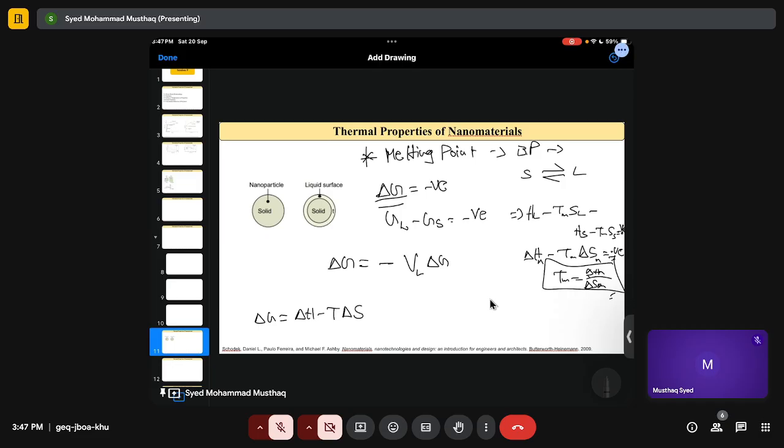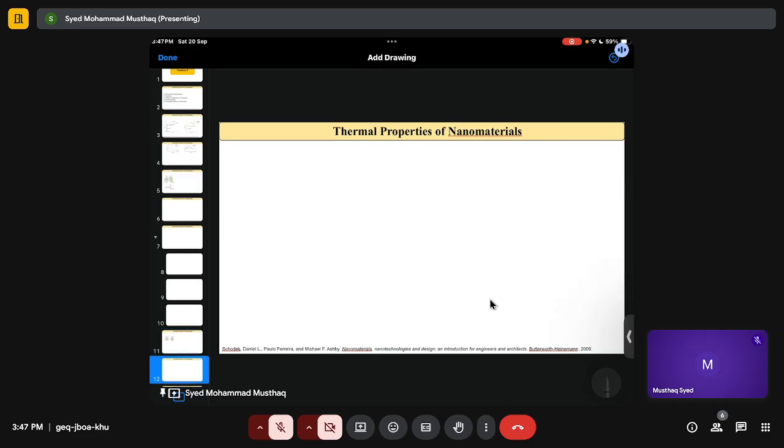Because the heat capacity will change, and if the heat capacity changes, then delta H will also change, because it depends upon the integral of Cp delta T. I will write it instead of explaining. If this is my melting point and this is my Cp axis, then Cp will change. This is solid, this is liquid. It may go down, who knows, or it may remain constant.